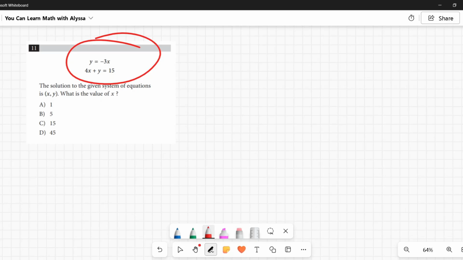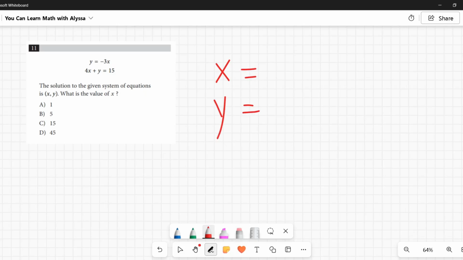So for substitution, you want either the x or the y to be isolated. So you pick one of the two given equations in whatever problem it is, and then you manipulate it so either it's x equals blah blah blah or it's y equals blah blah blah. Well, here they've already done that, which is why I immediately went to substitution. This right here already is in that form.